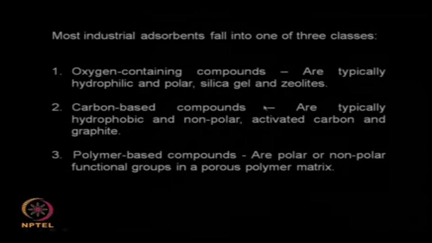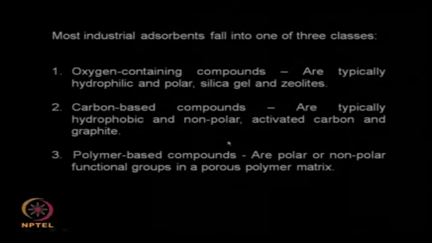The carbon based is mostly hydrophobic or non-polar, like activated carbon, graphite, all these are hydrophobic materials, so they are favored for hydrophobic gases, whereas if you have a hydrophilic adsorbent, they will prefer hydrophilic or polar gases.